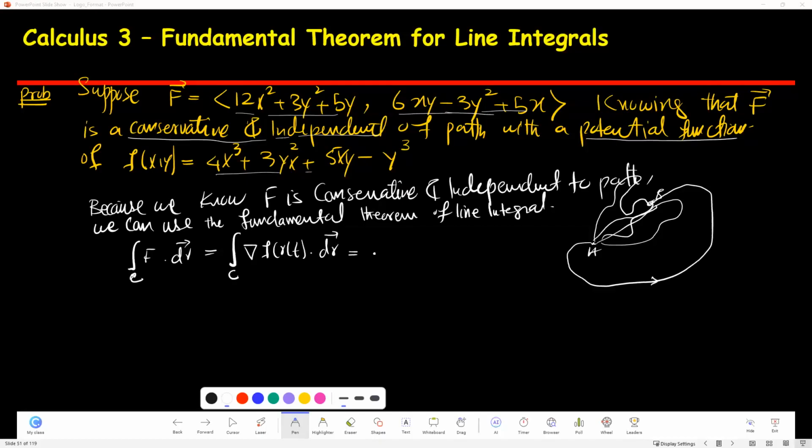The fundamental line integral theorem says you can do this quickly by doing f of b minus f of a.